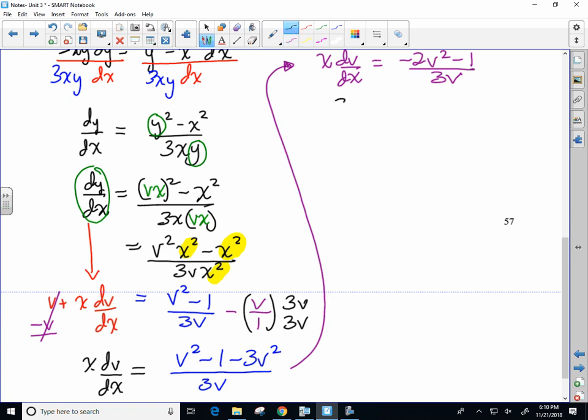So I'd be looking at 3v over negative 2v squared minus 1 dv equals 1 over x dx. All right, so I'm just multiplying by reciprocals. Multiply both sides by 1 over x. Multiply both sides by the reciprocal of the nasty fraction on the right. And then multiply both sides by dx.